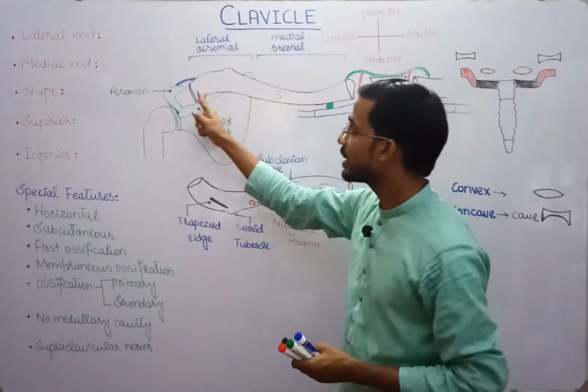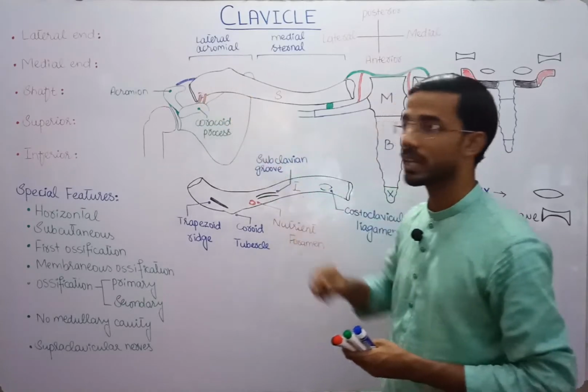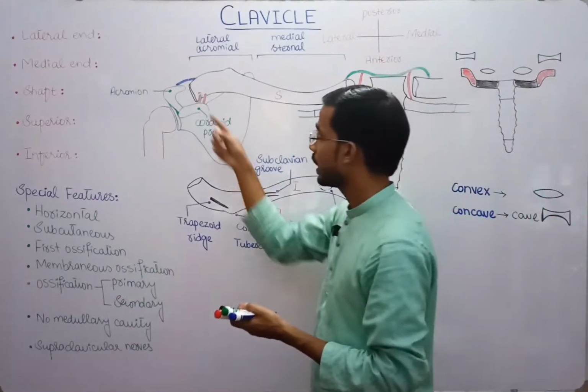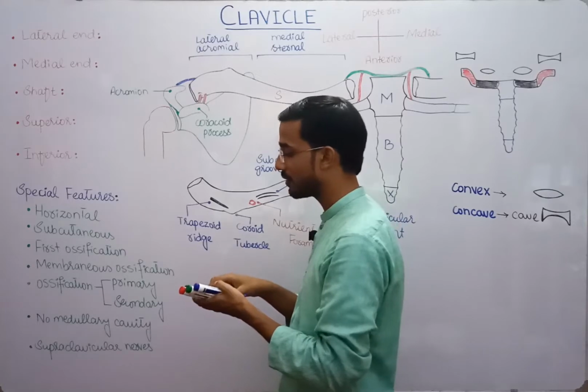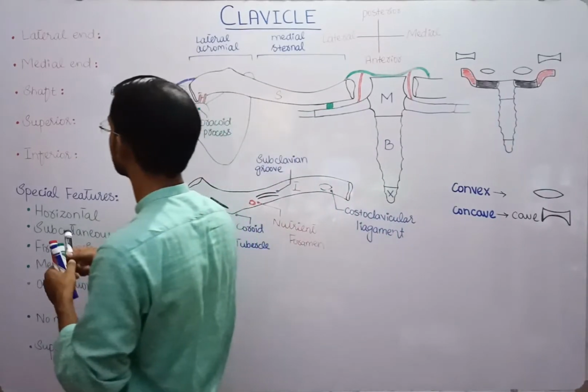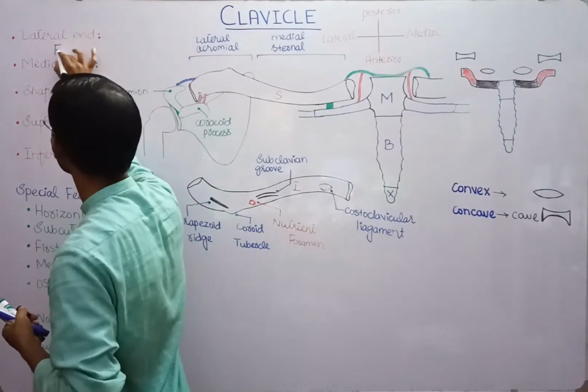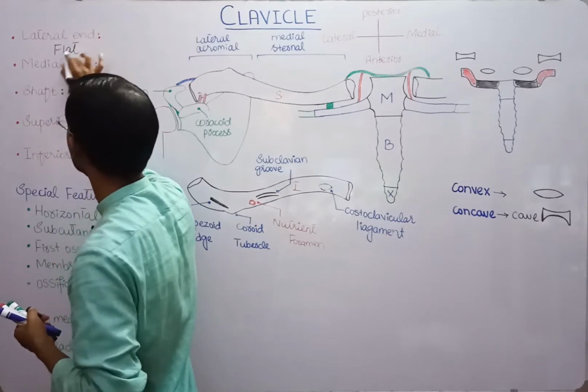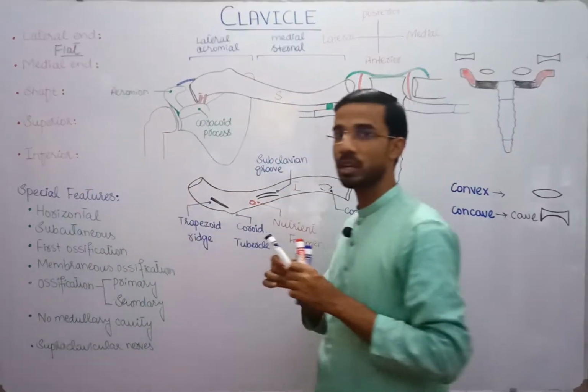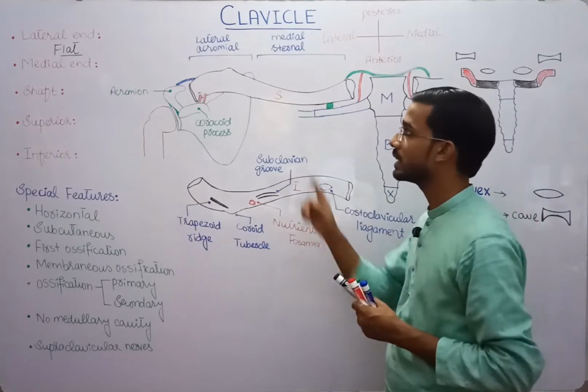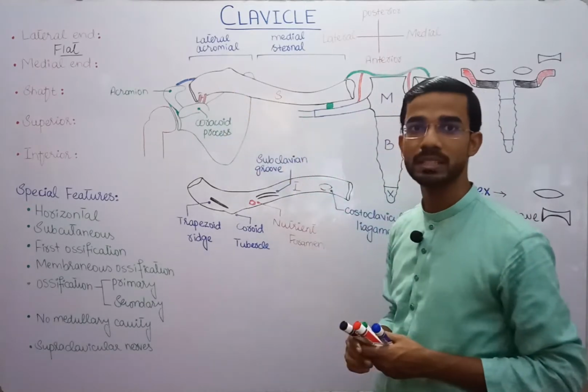So at the lateral end of the clavicle, the lateral end is basically smooth, or you can say flat. First feature, you will see that the lateral end of the clavicle is flat.